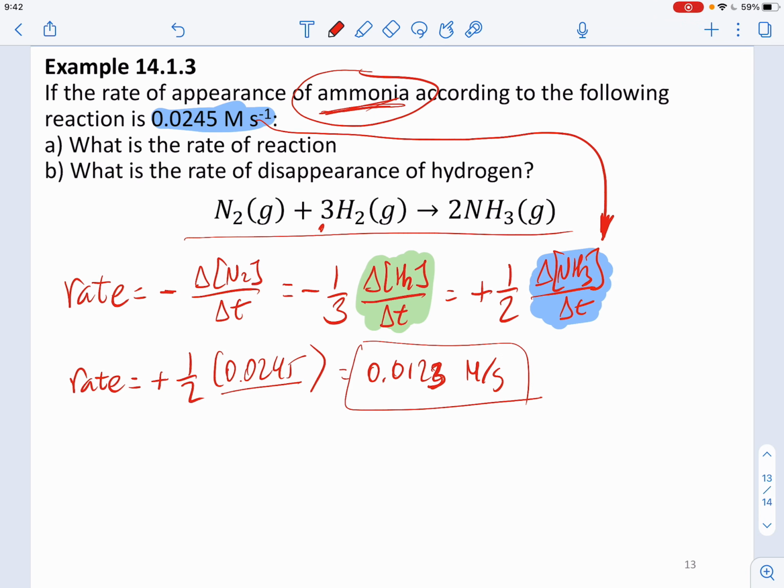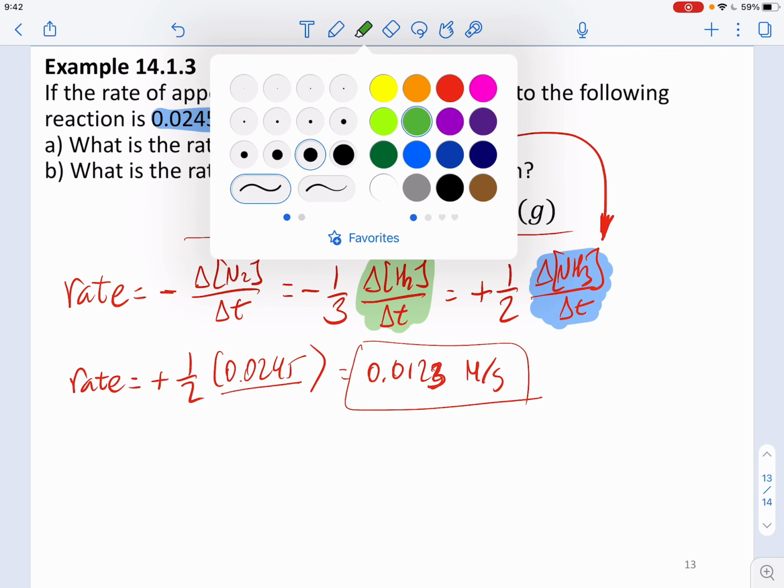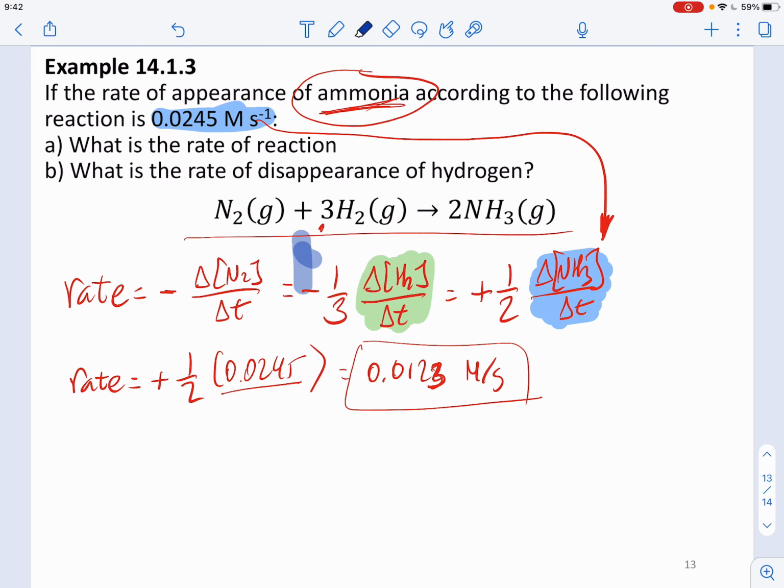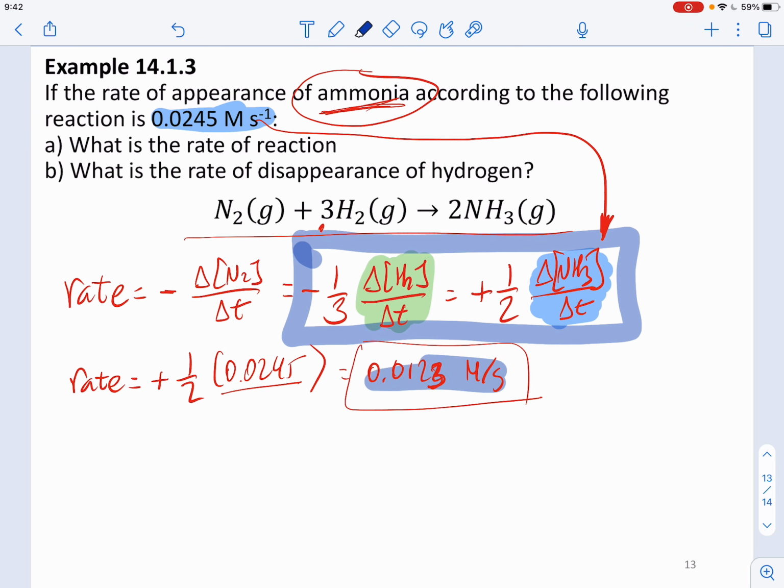So you have two different ways to do this. Let's put it this way, you can focus on these two and take it from there, or you can use the reaction rate that you already calculated and relate it with the concentration of hydrogen.